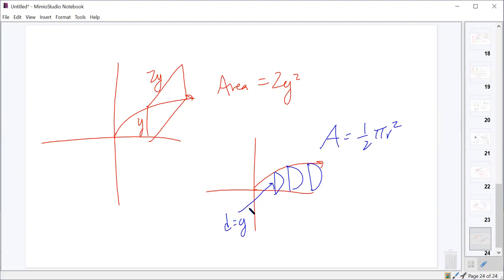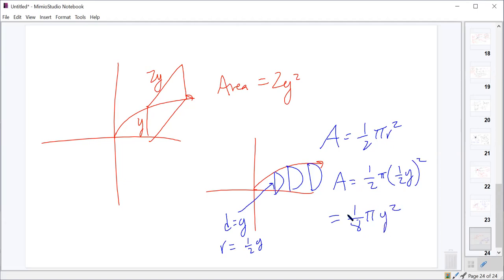And a lot of times people make the radius of that semicircle y, and that's not correct. The diameter is y, which tells us that the radius should be half of y. And so when we plug that in, we end up with area equals 1/2 pi times 1/2 y squared, or in this case, 1/8 pi y squared.